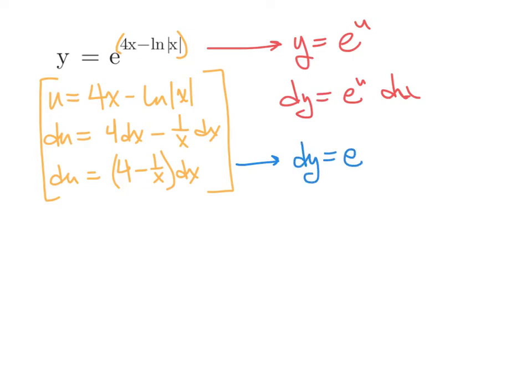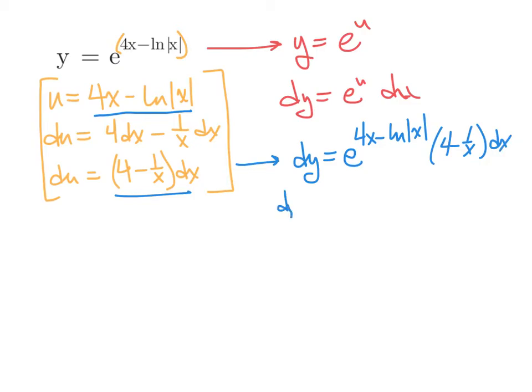So we have e to the u, but u was the 4x minus natural log of absolute value of x. And du is given down here as 4 minus 1 over x dx. We finish up by dividing out that dx to get dy/dx.